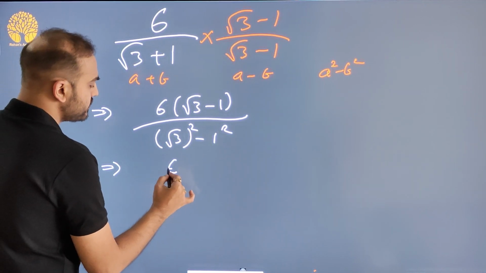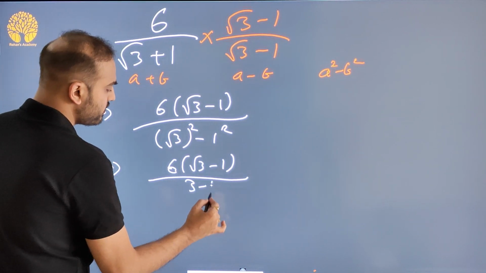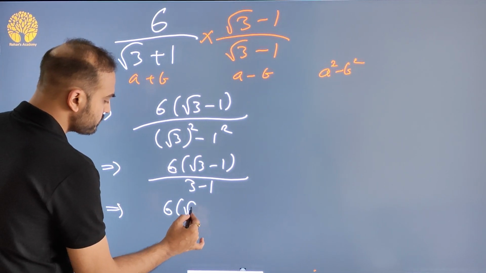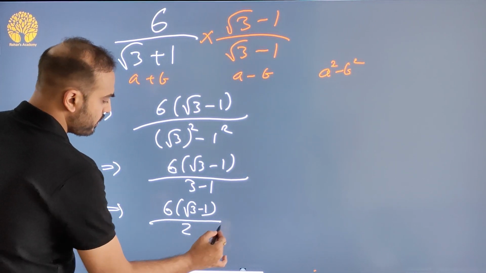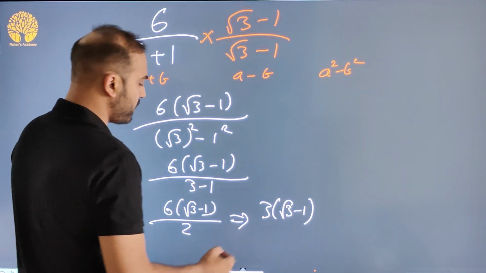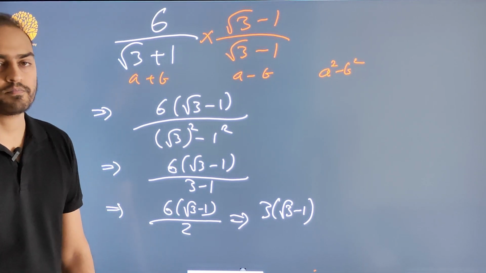If you solve it, that's 6 times root 3 minus 1 by 3 minus 1. Again 6 and 2 cancel out, answer becomes 3 into root 3 minus 1.